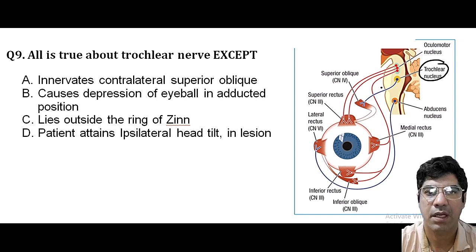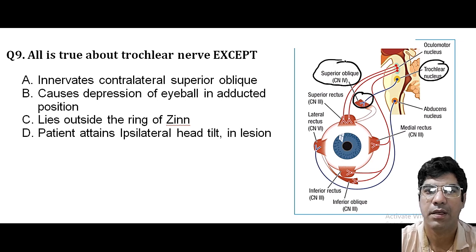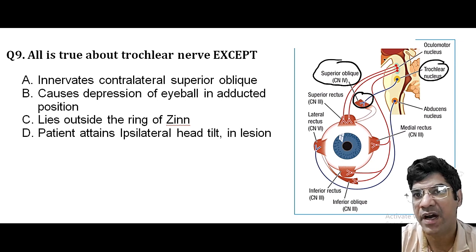Trochlear nerve, it innervates the contralateral superior oblique muscle of the eye. So this innervation is responsible for superior oblique action of depressing the eyeball and causes intorsion. Intorsion means inward rotation.